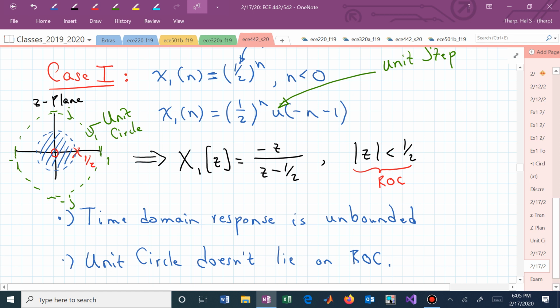Here's our ROC right there. There's the region of convergence. It has a disk of radius 1/2. That's interior to the unit circle. The unit circle does not lie on top of the region of convergence.